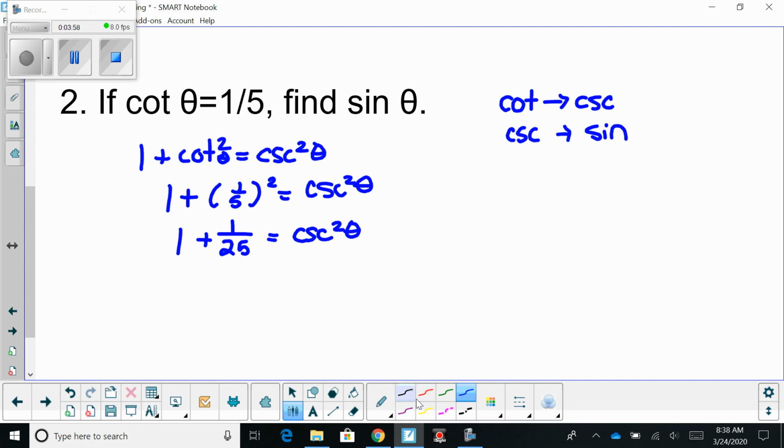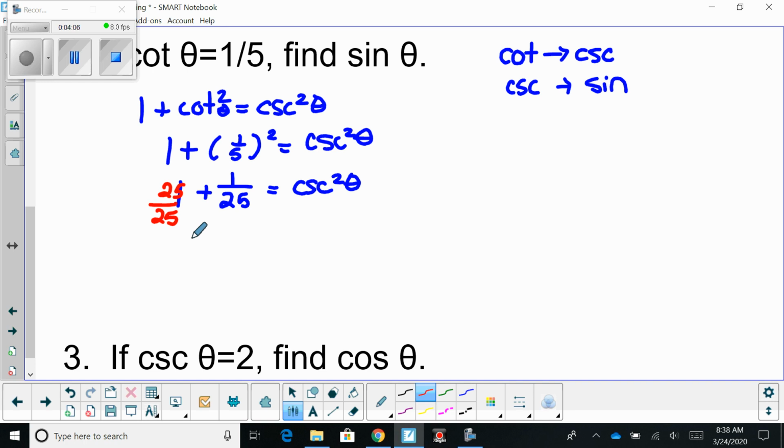And then I need to have a common denominator, so I'm going to make this 1 into 25 over 25. So 26 over 25 is equal to the cosecant squared.